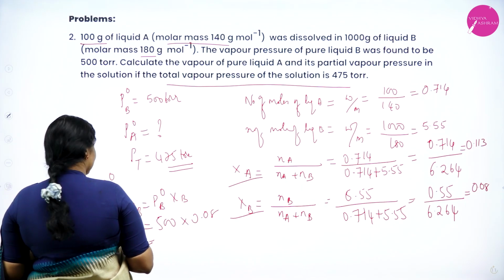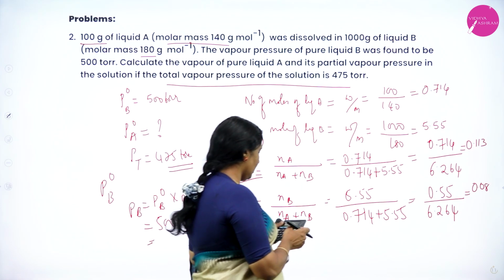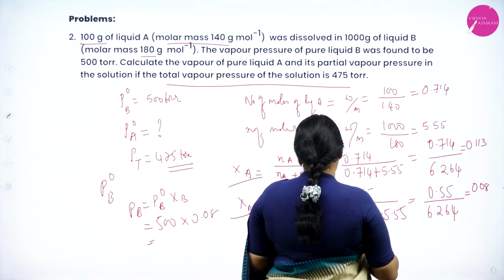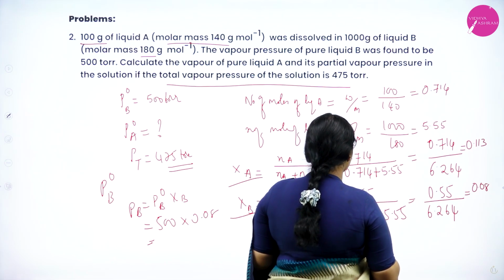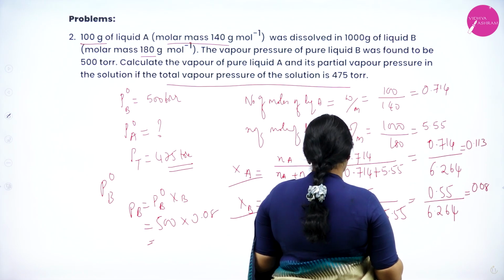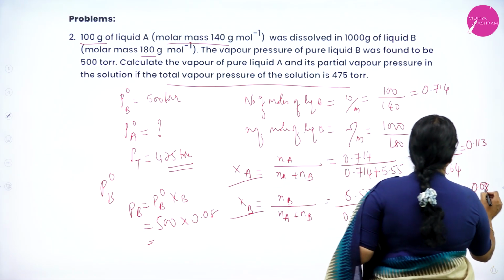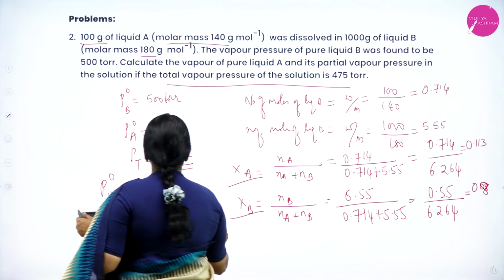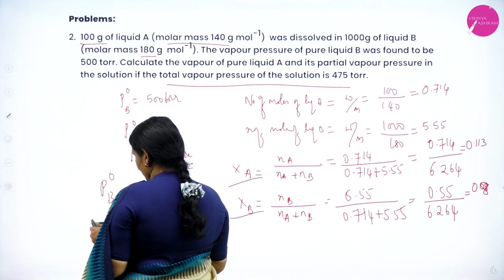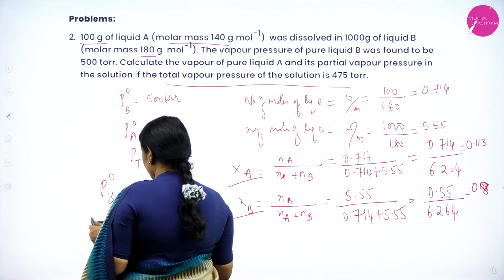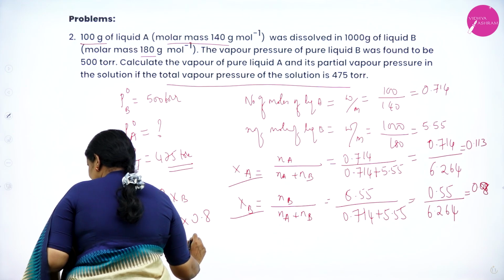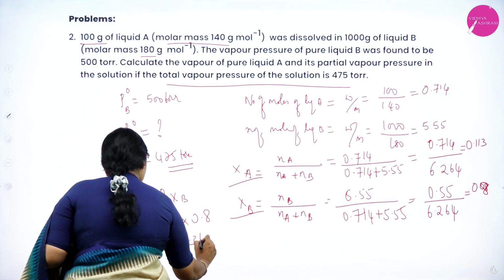So 500 into 0.88 is equal to 443 torr. Okay.